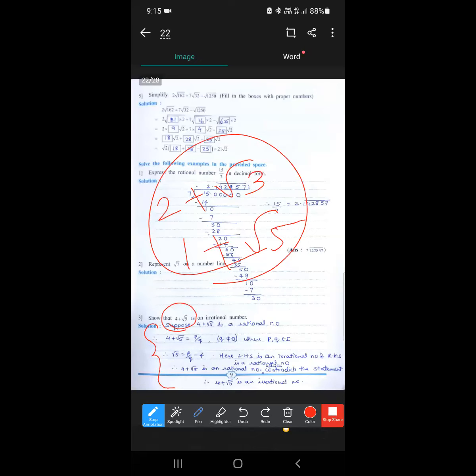Whatever the steps are, they will be common for all the irrational numbers. But whenever you are writing the steps, see that you write the numbers properly. So this is how you can prove any irrational number.